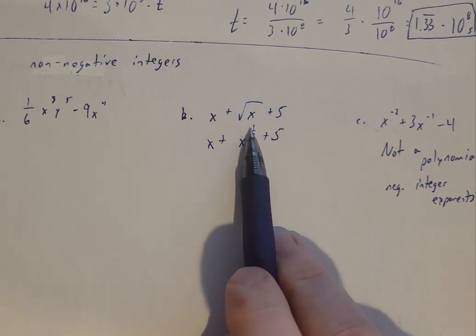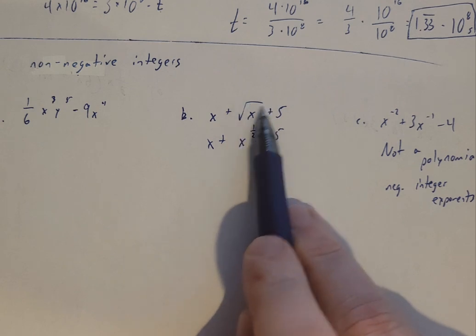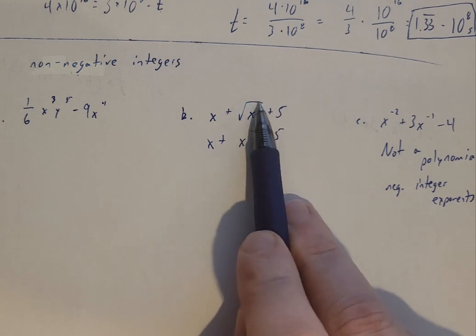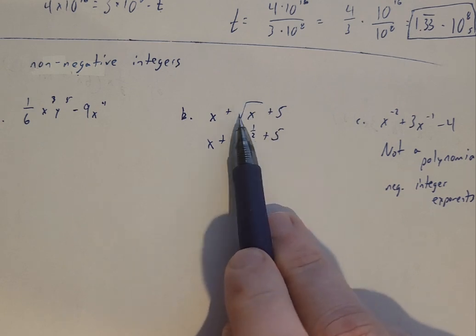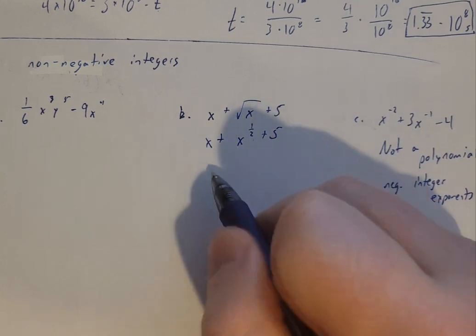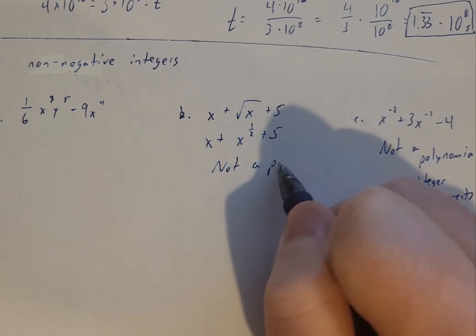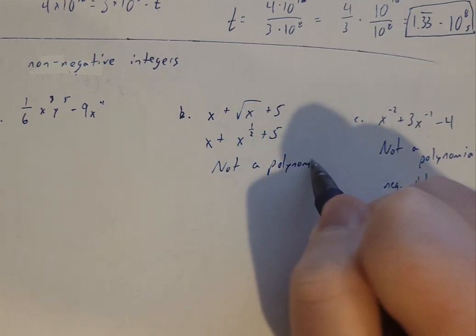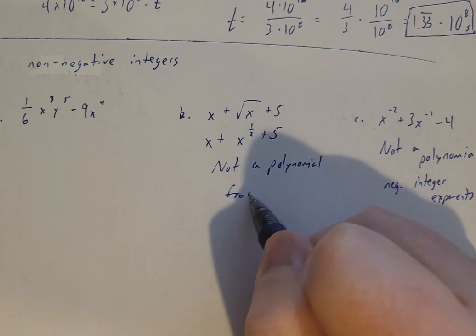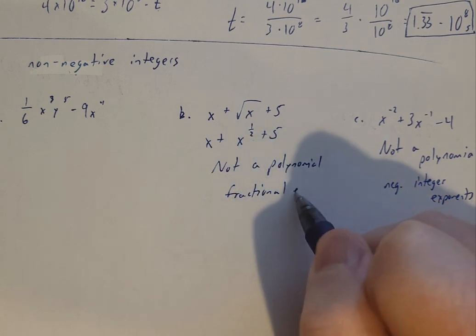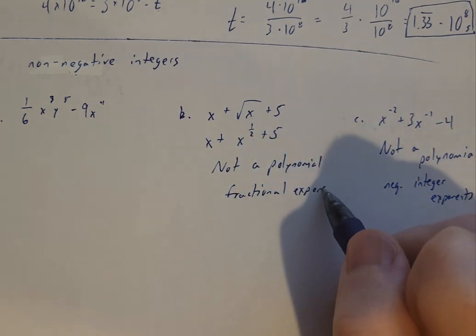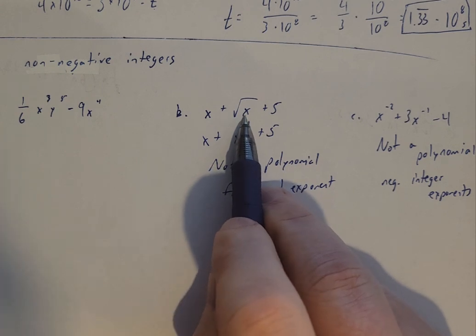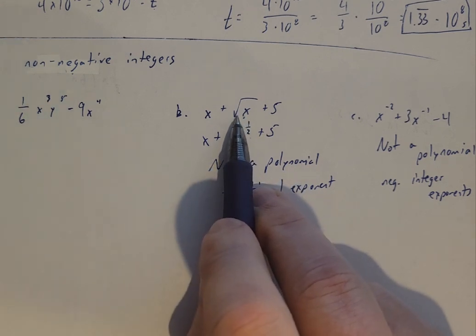Even though we don't recognize that in this form, if we see a variable in a radical, any root, square root, cube root, fourth root, it's not a polynomial. In this case, you could say it has a fractional exponent, which is not an integer, or you could just say the variable's underneath a radical.